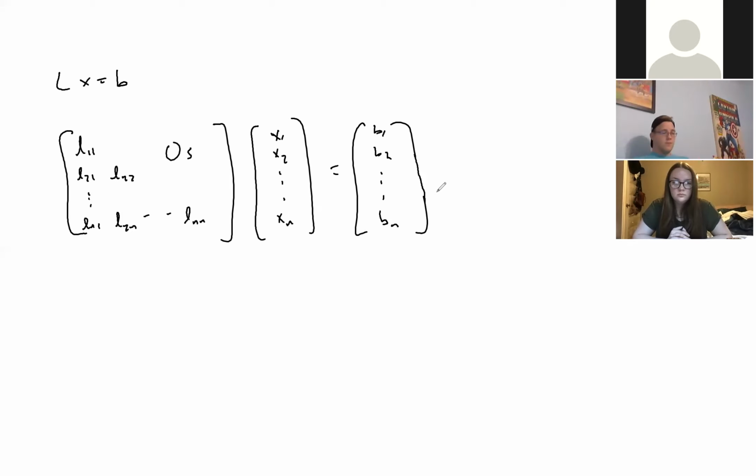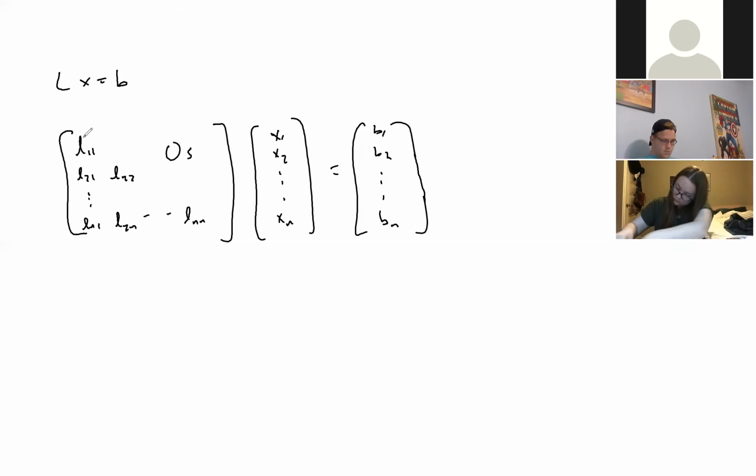So this is like LX equals B instead of UX equals B, with lower triangular. But it's the exact same idea as upper triangular. We don't have to do a whole bunch of n-1 indexes and n-2 indexes, so it's cleaner, but the same idea.